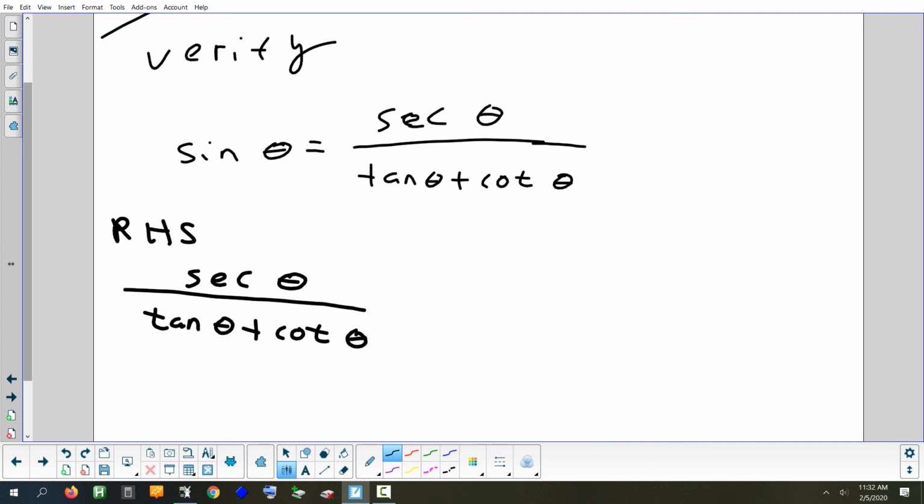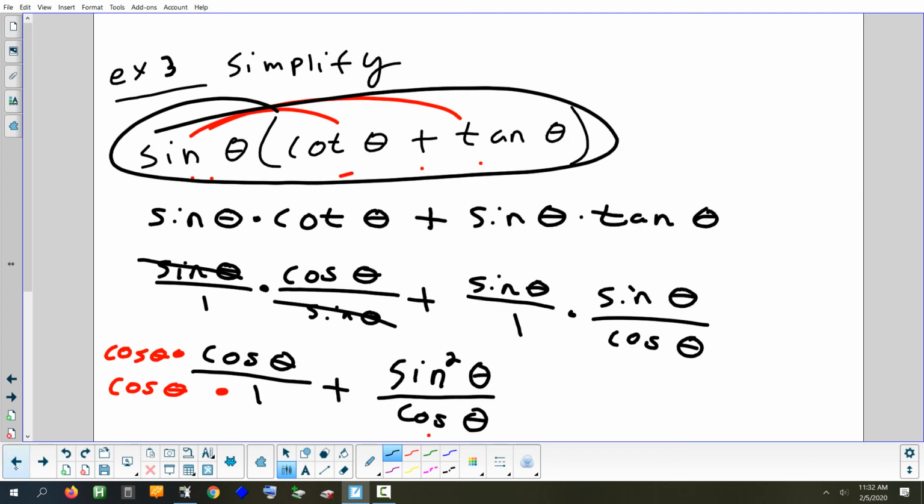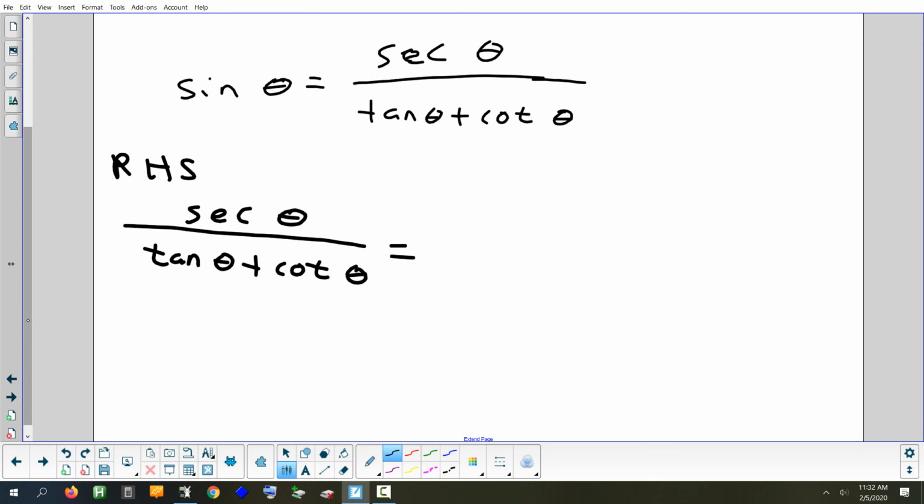Change it to sine and cosine. Sure. Let's try changing everything to sines and cosines. I will tell you, a lot of these identities are going to look a lot worse before they start simplifying. Even this last one, to me, the second step looks even worse than the first step. But if you keep going, it eventually will simplify.